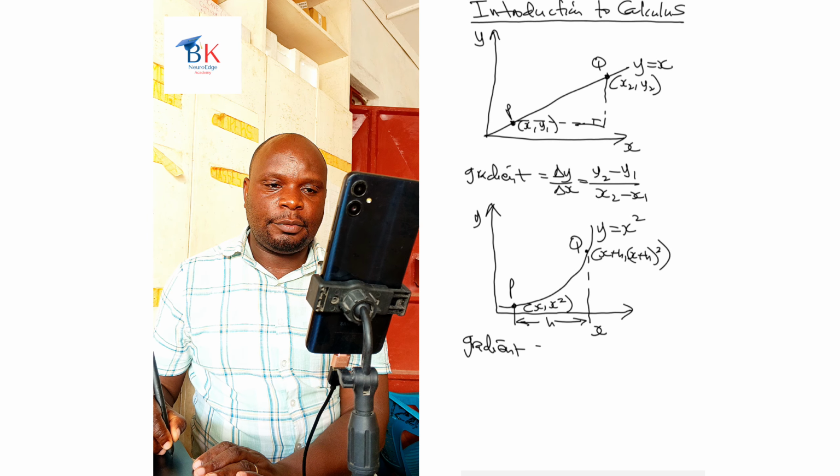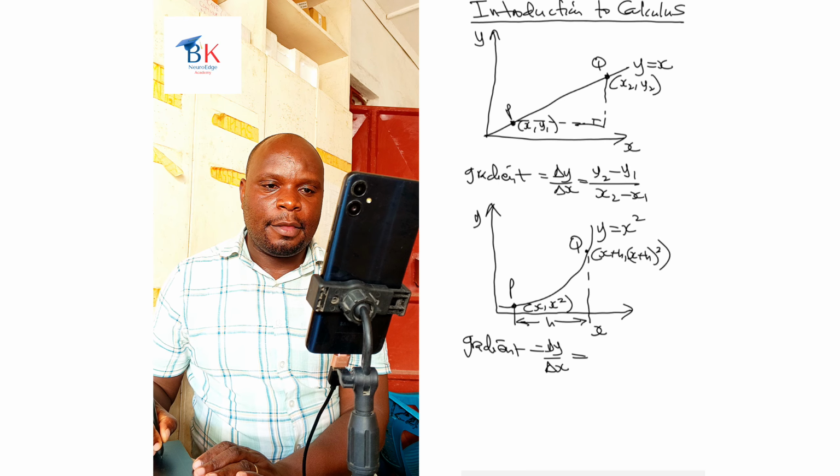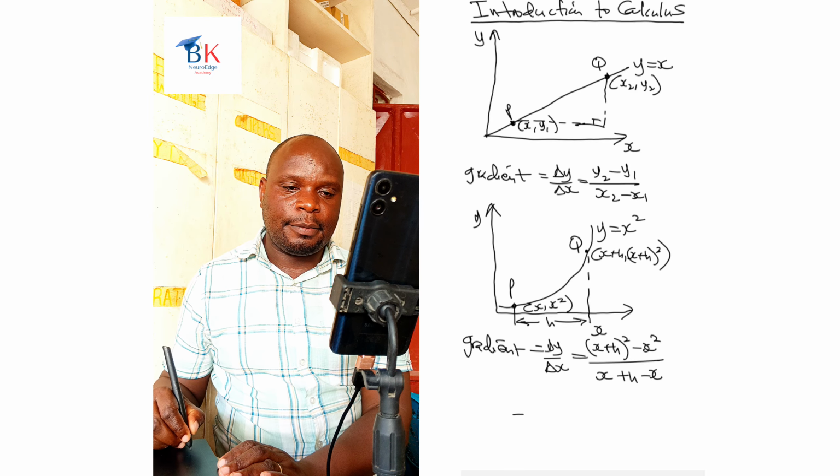So the gradient will be, again, change in y over change in x, which is (x plus h) squared minus x squared over x plus h minus x.